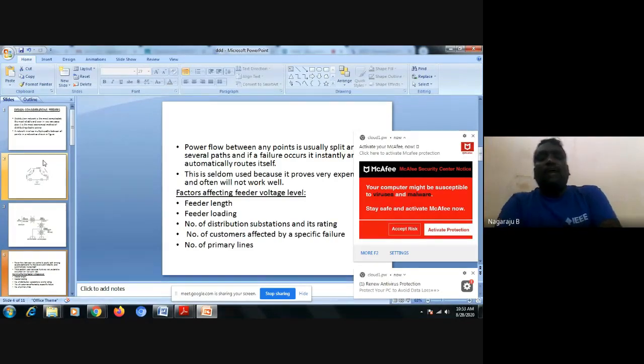Okay, the next topic is factors affecting the feeder voltage level. The feeder voltage level depends on the feeder length, feeder loading, how many feeders are connected, how many distribution substations are connected and their rating through that particular feeder, and the number of customers affected if any failures appear.